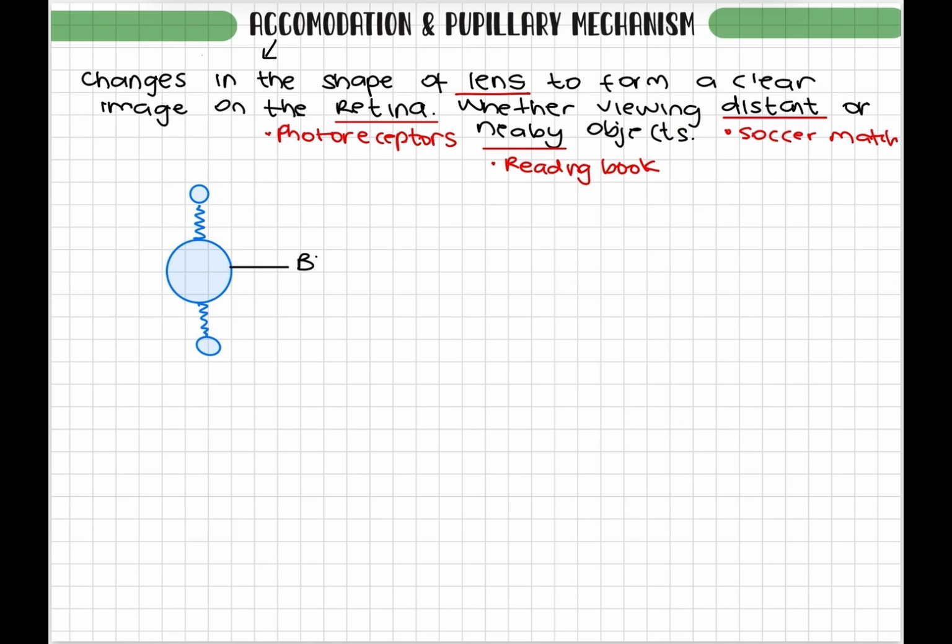You have your biconvex lens, we have the suspensory ligaments, as well as the ciliary muscles.